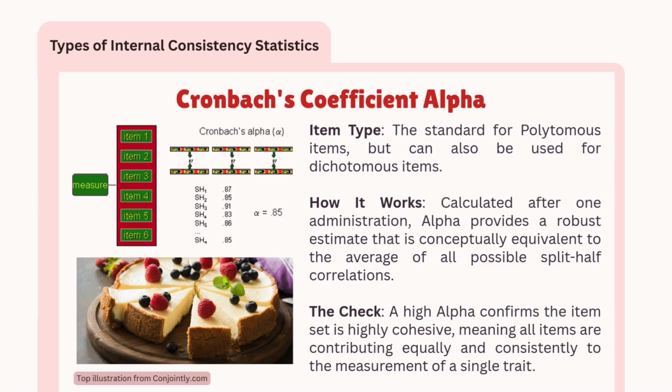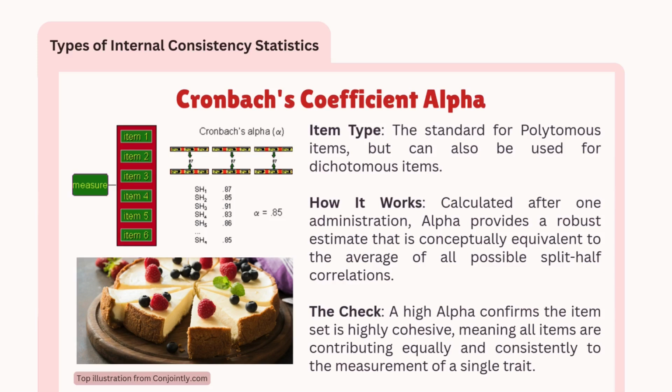For example, the Likert scale, which is a 5-point scale from strongly disagree to strongly agree. And so because most personality, attitude, and social science surveys use these rating scales, alpha is the default standard for proving their consistency. So alpha is calculated after just one administration of the test.